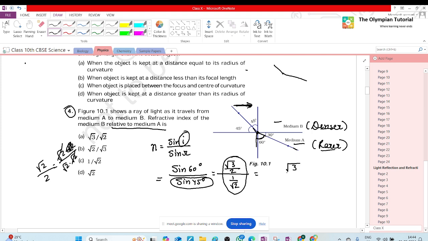Ma'am, root 3 by 2 divided by 1 by root 2. 2 can be written as root 2 into root 2, into root 2 upon 1. So it will become root 3 by root 2.